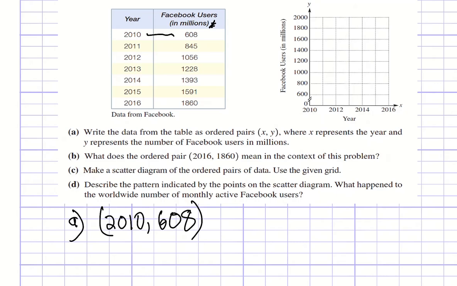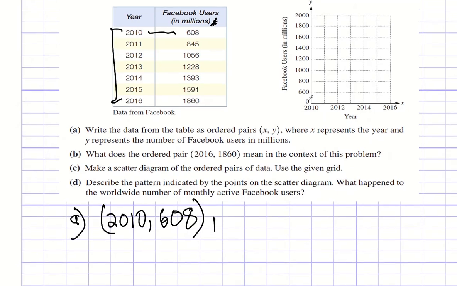They want you to translate this into ordered pairs, because the year represents X and Y represents the number of users in millions.